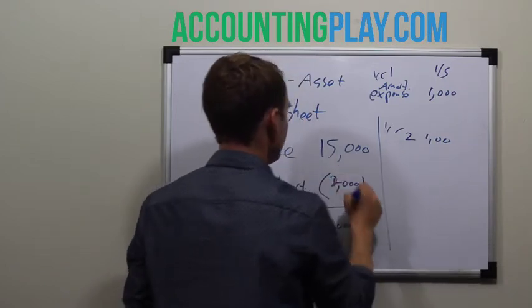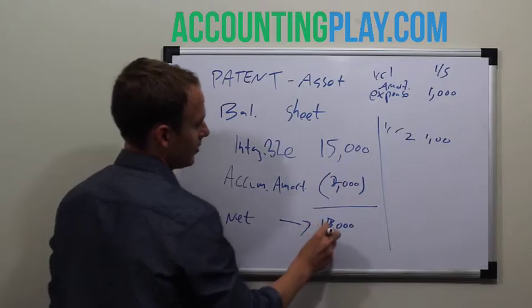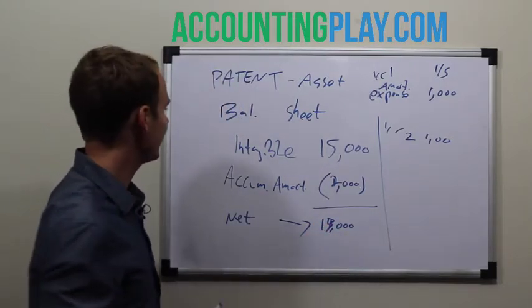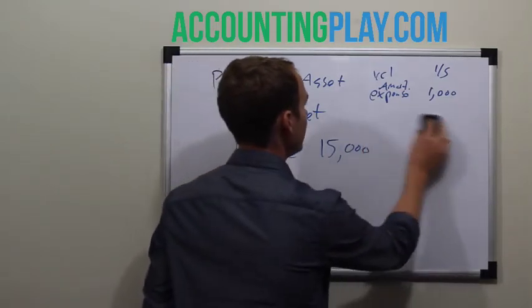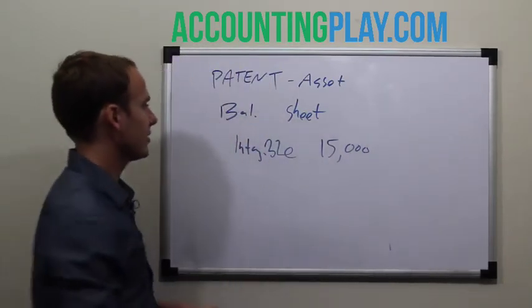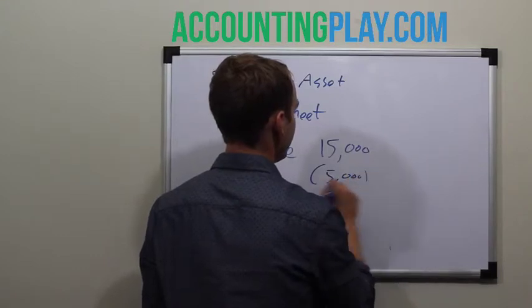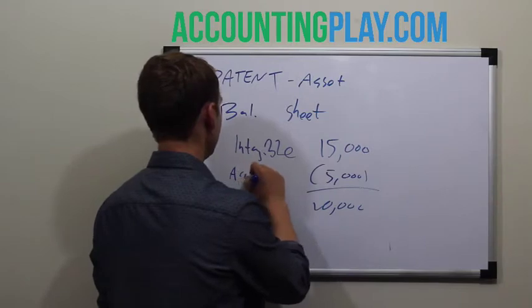At year two, it would become $2,000, and the net asset value would become $13,000 in that case. So year by year, the amortization expense incurs, and let's say after 5 years, $5,000, we have $10,000 left, and here's the accumulated.